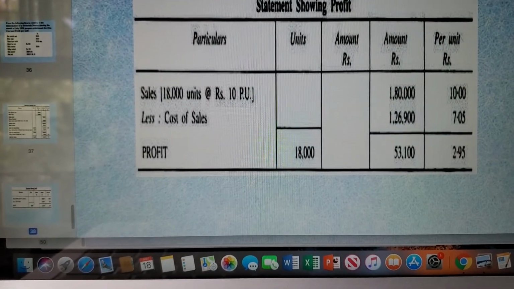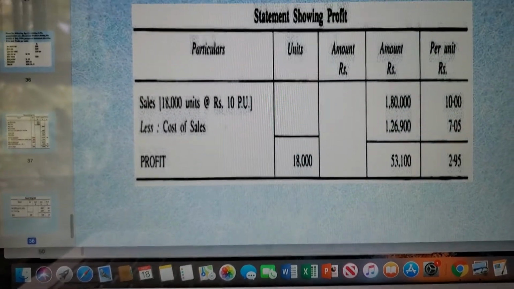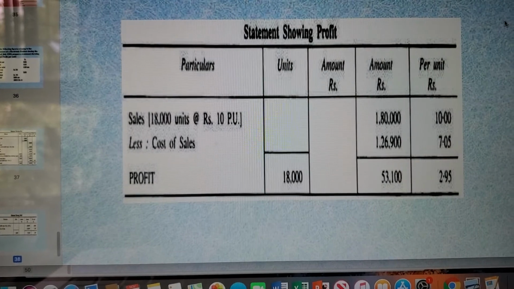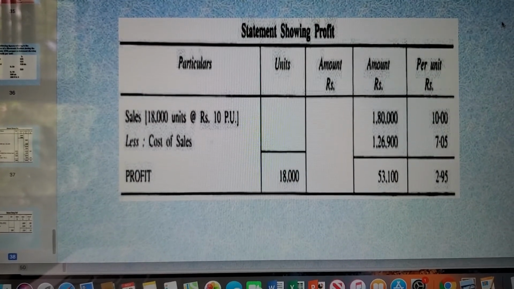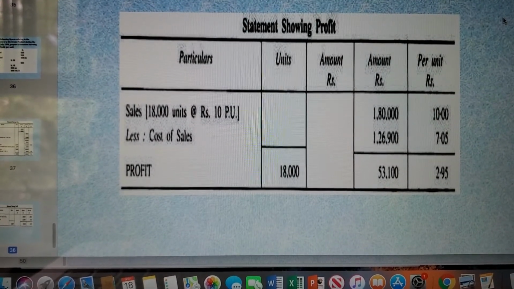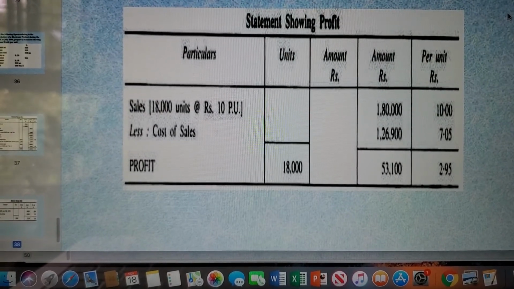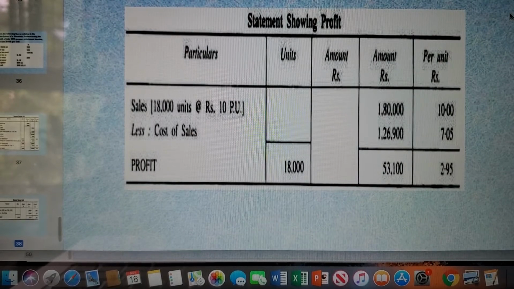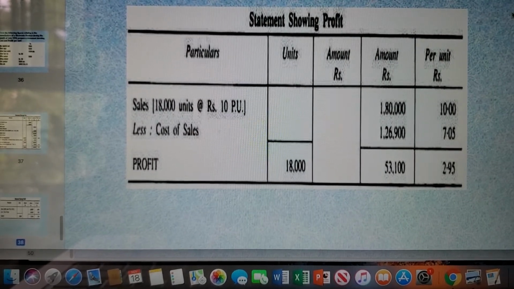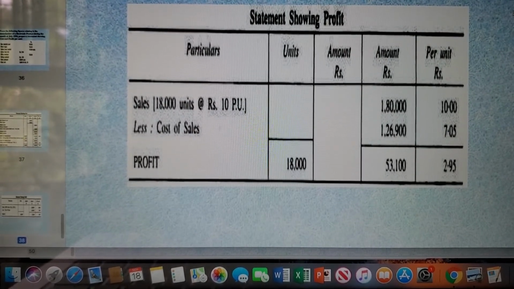Next chart shows statement showing profit. The particulars, and here again there are 5 columns. First column is titled particulars, second units, third amount in rupees, fourth amount in rupees, and fifth per unit in rupees. Particulars.